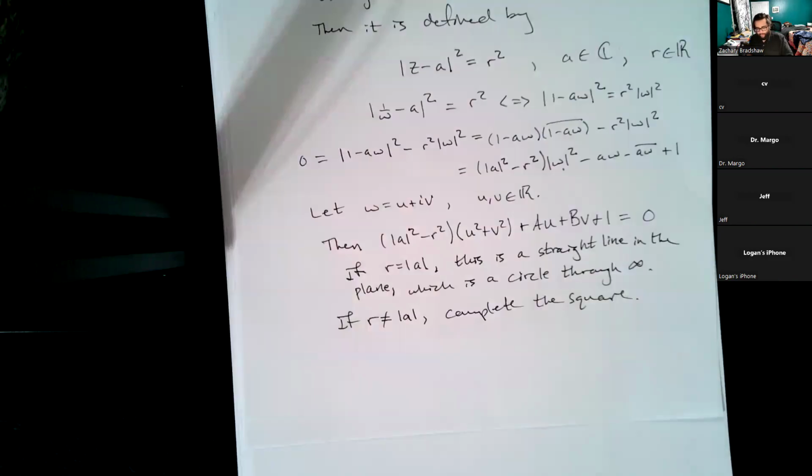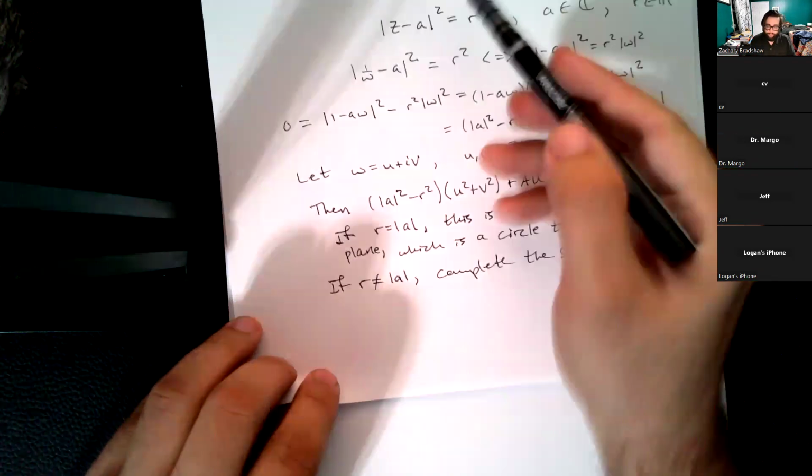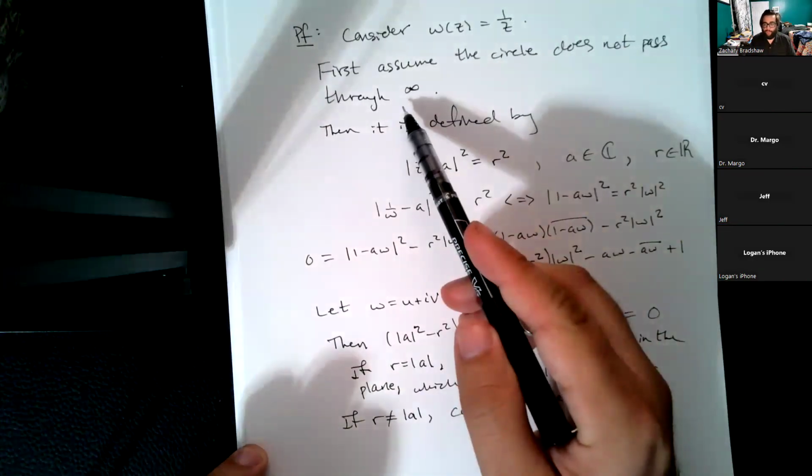It's not worth doing a whole bunch of extra work. So we assumed up here at first that the circle does not pass through infinity.